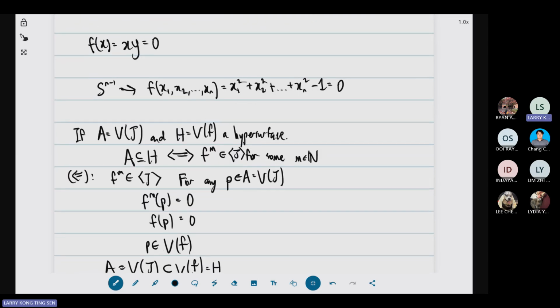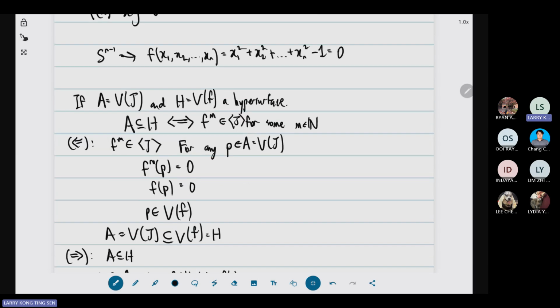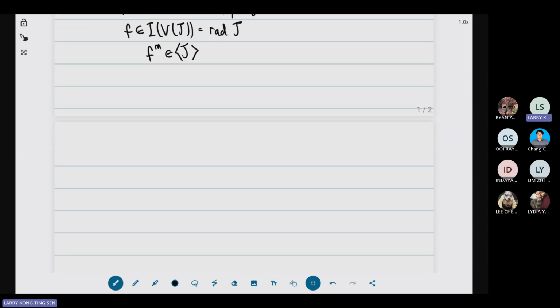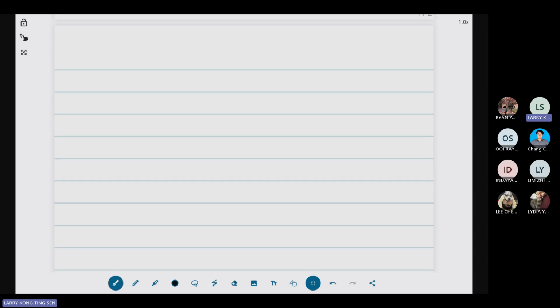So we basically have the relationship between a regular algebraic set and a hypersurface, and when it holds. All right, so that's a brief detour to hypersurfaces. Now, before I talk about dimension, I have to introduce some new concepts.